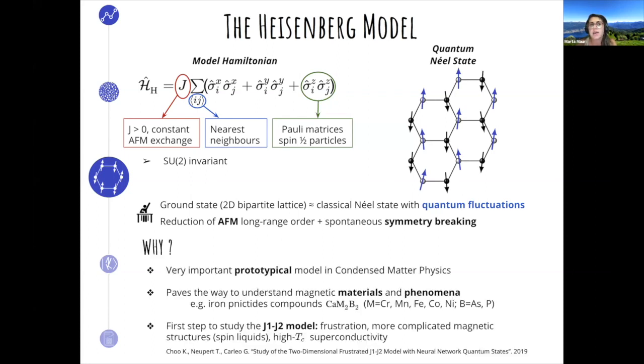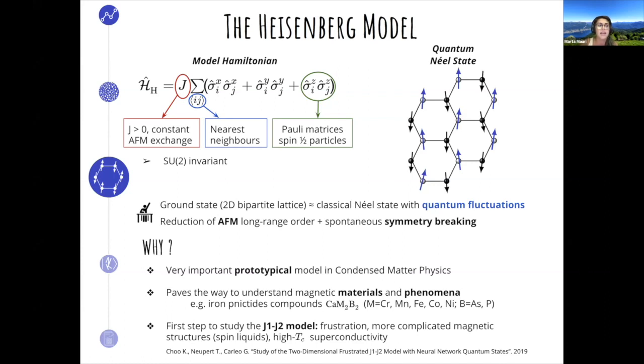So why did we decide to study this model? Because this is a very important prototypical model in condensed matter physics, and it also paves the way to understand some specific materials and some specific phenomena. But also this is the first step to study the J1-J2 model that we have seen in other talks, for example, by Kenny.